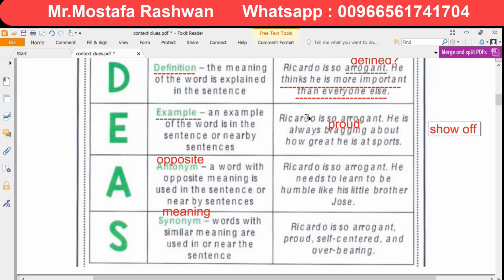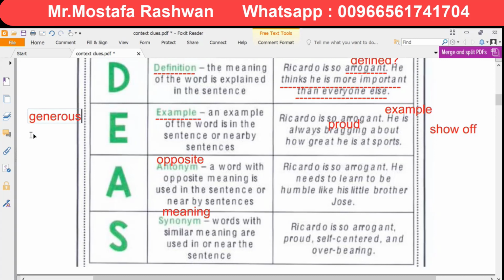Okay? So he gave you here an example about somebody who is arrogant. Can you give me an example? He said yes. The example is he is always bragging about how great he is in sports, as if I asked you about somebody who is generous. Can you give me an example?